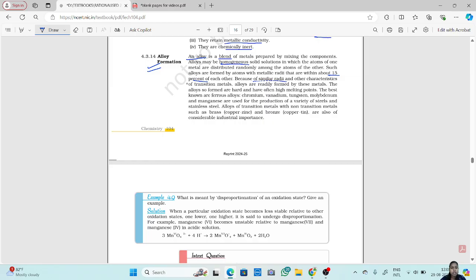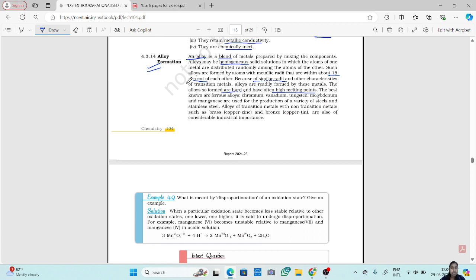The alloys so formed are hard. So the alloys which are formed with similar radii are hard and often have high melting points. They are hard with high melting point.